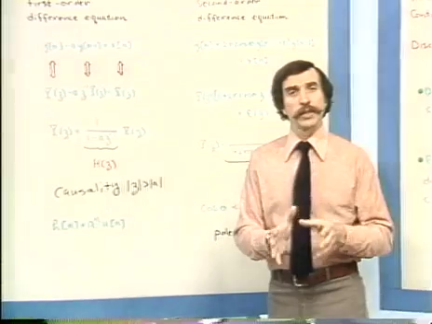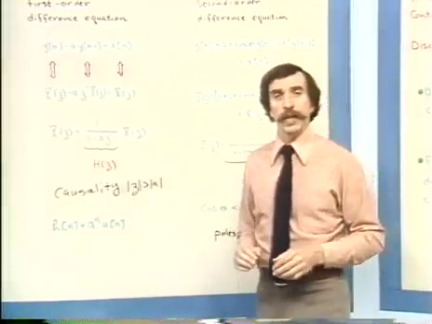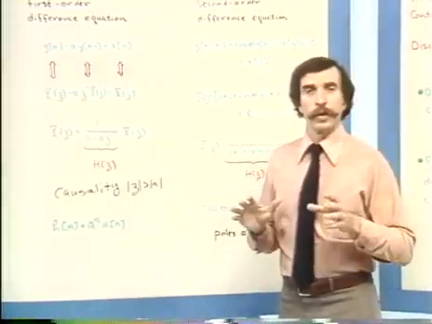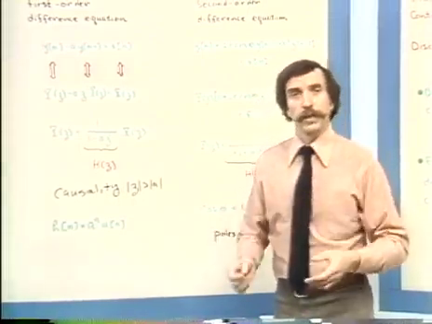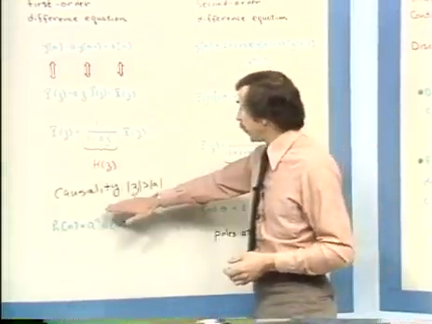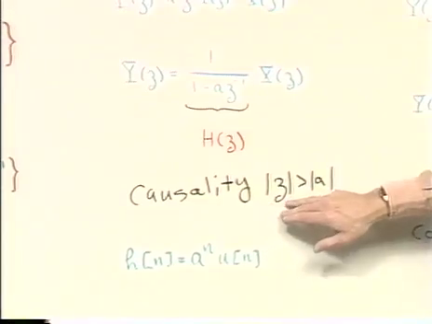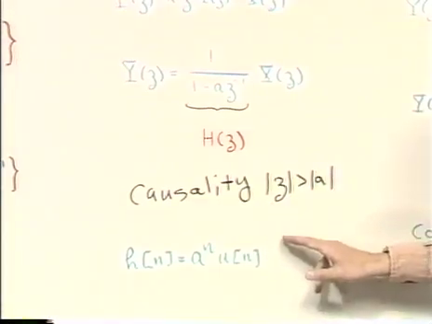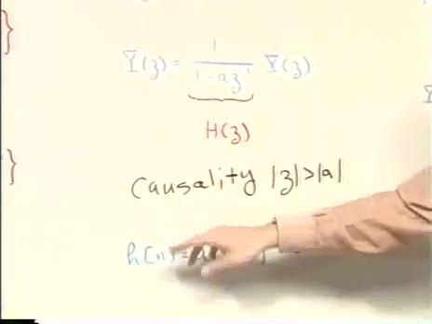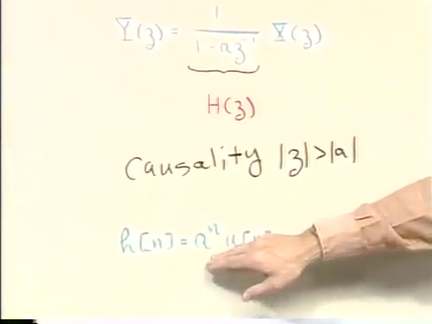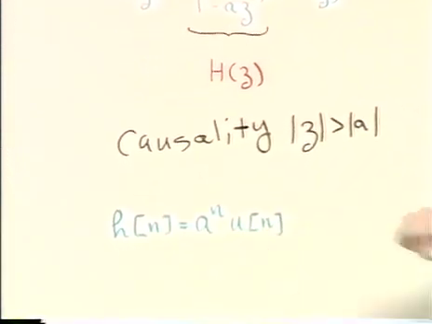If the magnitude of a is less than 1 and I specify causality, that will also mean that the system is stable. In any case, given this region of convergence, the impulse response is the inverse transform of that z transform, which is a to the n times u of n.